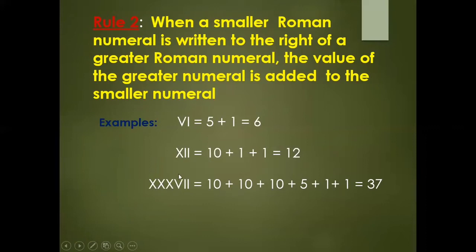Now after X, V is coming, that means the smaller one is coming on the right hand side. So I'll be adding that, that will be plus 5. Again I is coming after this V, that is 1 is coming after the 5, that means I'll have to add again. So the value will be 10 plus 10 plus 10 plus 5 plus 1 will become 37.